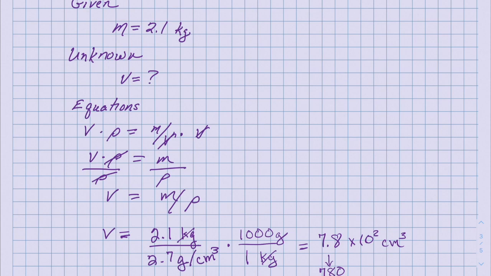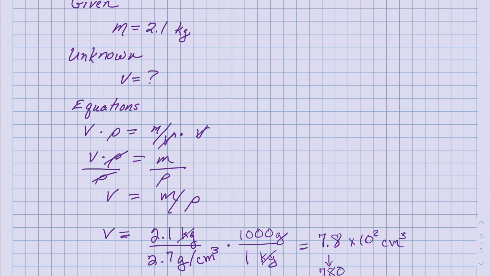Now the next question we should ask, and this is a question that's not in the text, but I think from an environmental perspective it's very interesting, and that is roughly how many cans correspond to 2.1 kilograms. So we've got 780 cubic centimeters here.